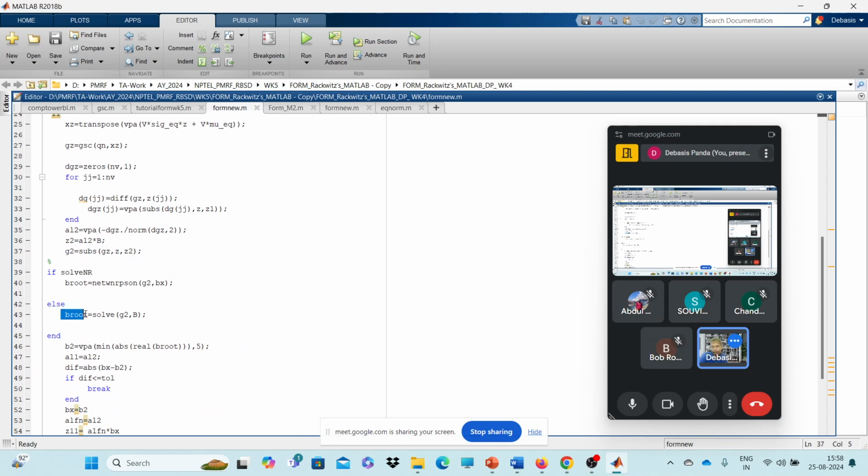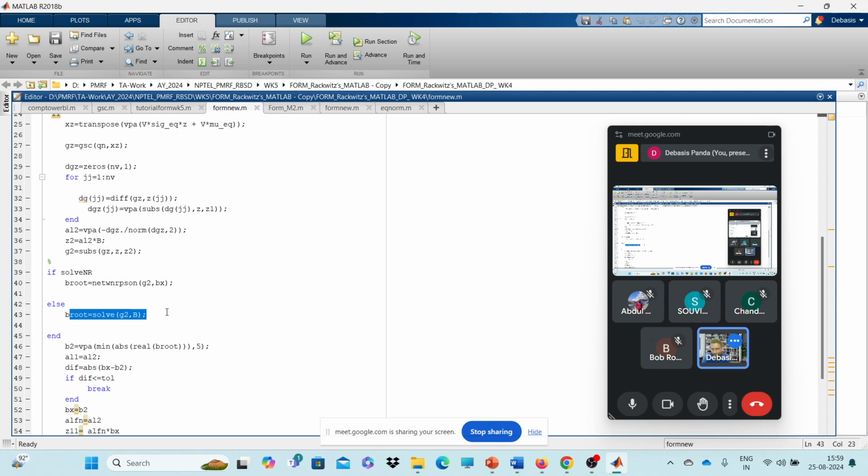You can solve using the b root command or the solve command, or you can use another function file. I have used the Newton Raphson technique to solve it. But I will suggest that the b root command is itself sufficient to solve for the roots, or else you can use different root finding algorithms.